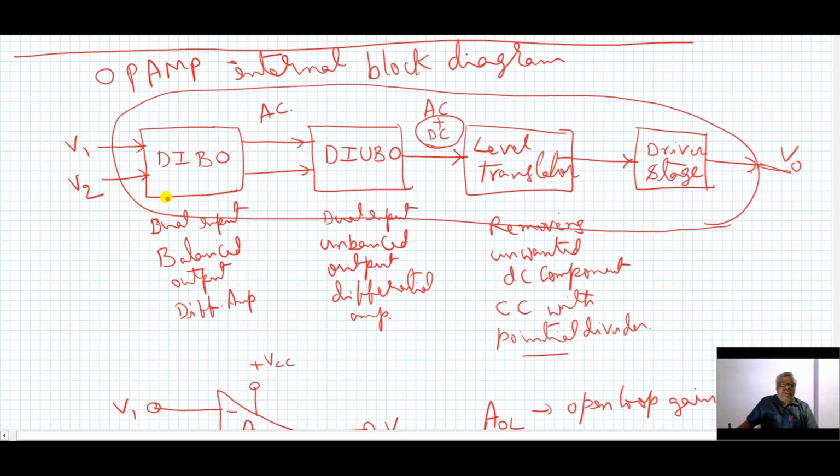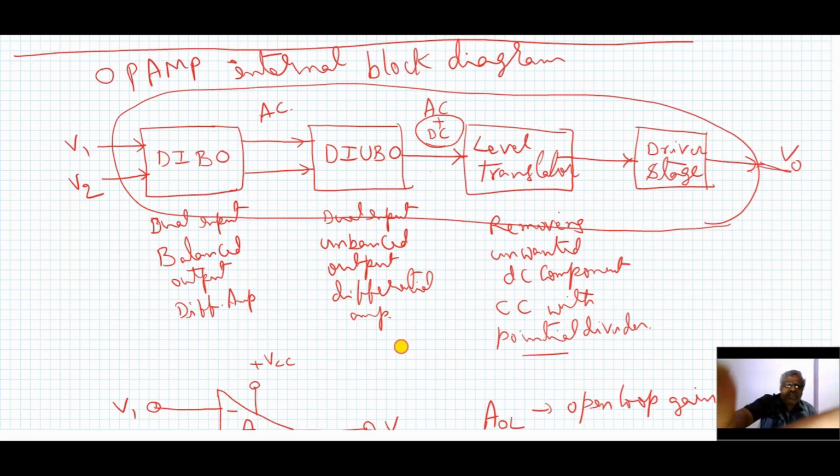In that, differential amplifier stages are used in cascade to get more gain, and the input impedance is very high and the output impedance is very low. All these points we discuss in the subsequent videos.